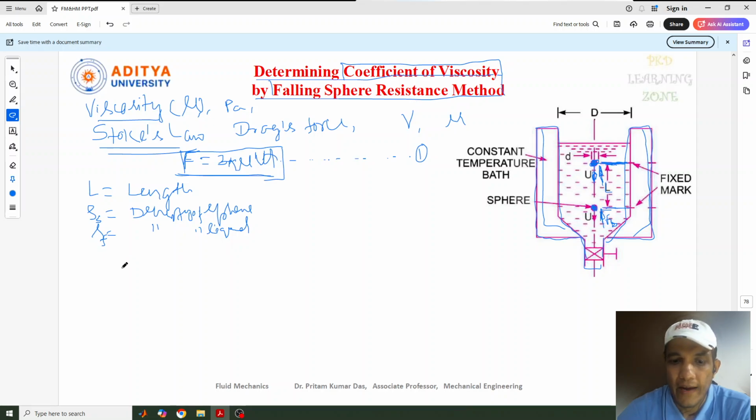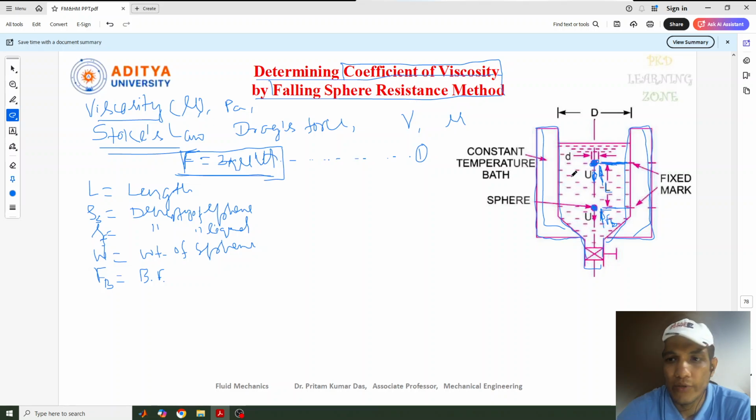And W is the weight of the sphere. And along with that, the buoyant force acting on the sphere.